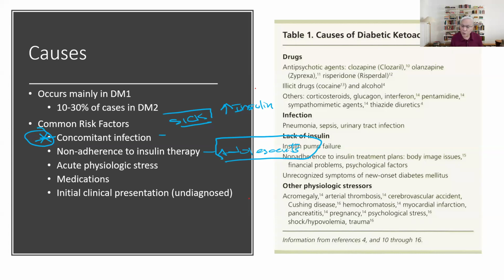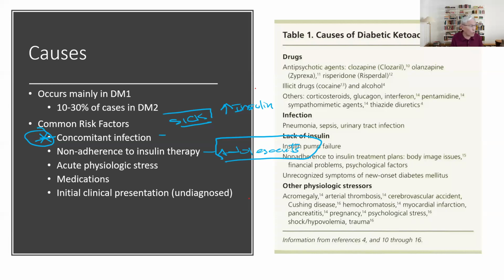Now, other physiologic stresses like myocardial infarction, maybe sepsis or trauma, could also cause diabetic ketoacidosis. Stress, by a secretion of catecholamines, which include your glucagon and cortisol, will lead to ketoacid production and therefore precipitate diabetic ketoacidosis.